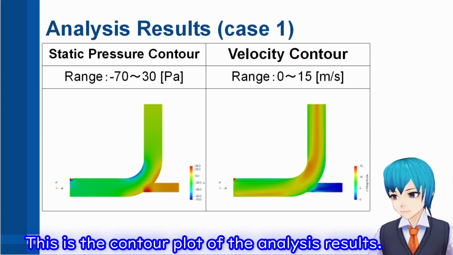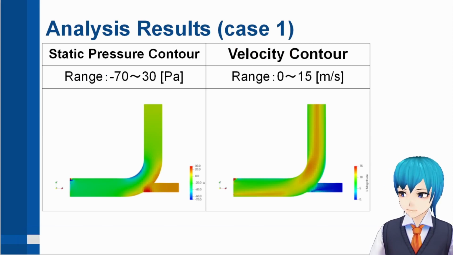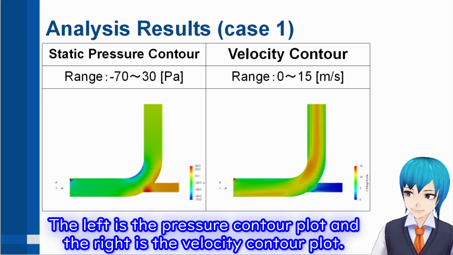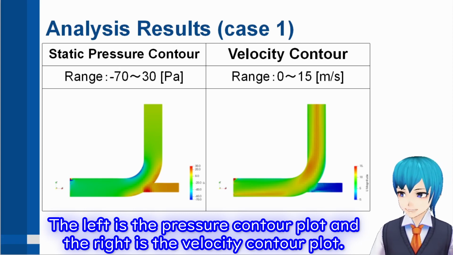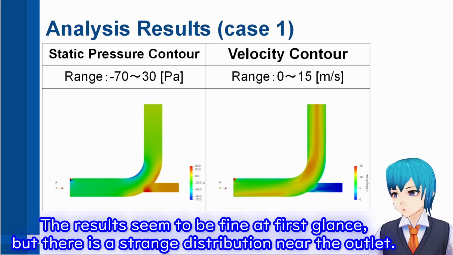This is the contour plot of the analysis results. The left is the pressure contour plot, and the right is the velocity contour plot. The result seems to be fine at first glance, but there is a strange distribution near the outlet.